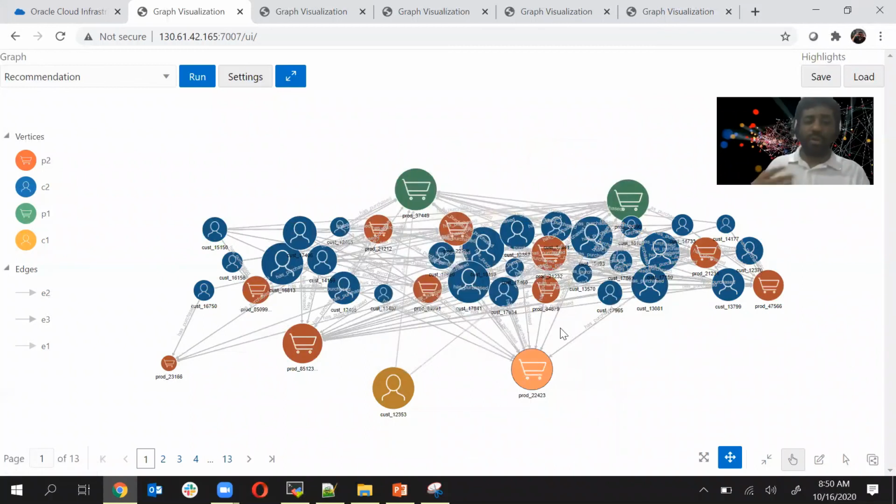So based on various conditional formatting, you will be able to get a visual representation of how easy it is to find the hidden insights and the patterns. And that's basically how you run a built-in analytics algorithm and then leverage graph as a product to find out the hidden insights. So in this example, we are looking at a recommendation-based example wherein we use a personalized page rank and then got this information.